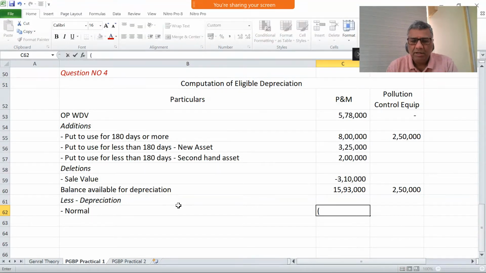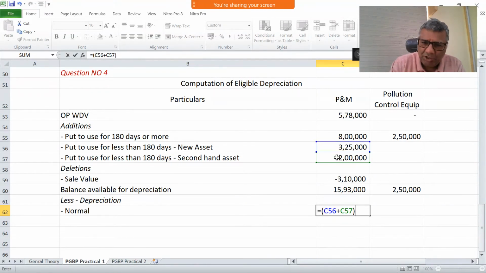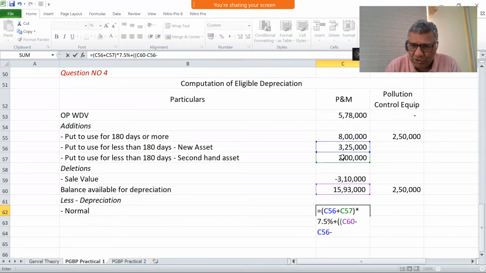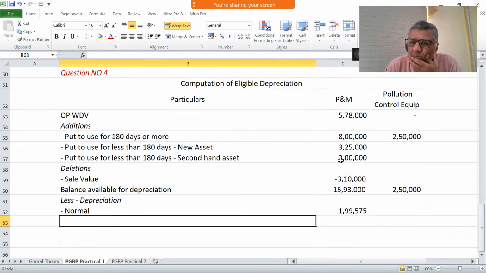Please understand. 3,25,000 plus 2 lakh into 7.5%, that is 5,25,000 into 7.5%, plus 15,93,000 minus 325 minus 2 lakhs, into 15%. Repeating these two: 5,25,000 into 7.5%. From 1593 reduce 525 and claim on the balance.